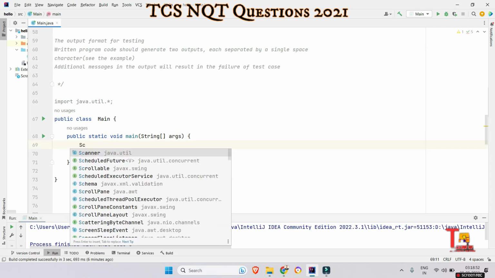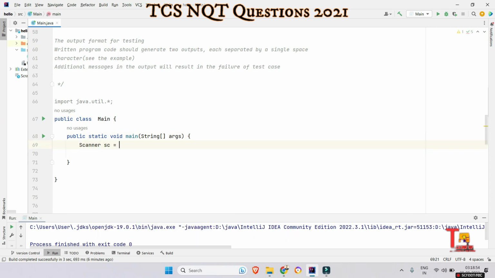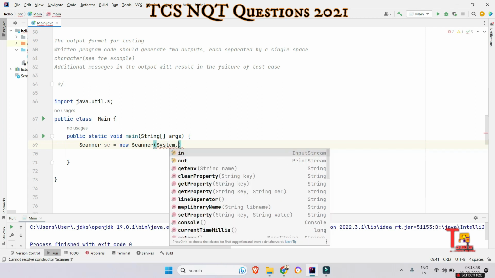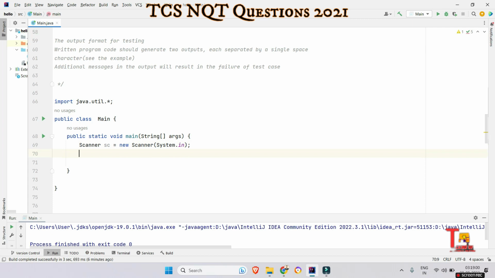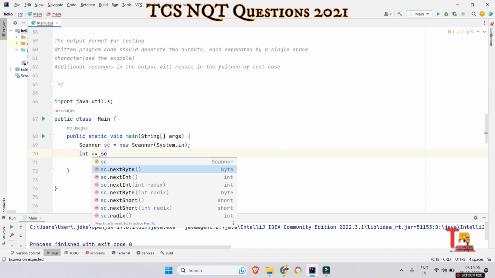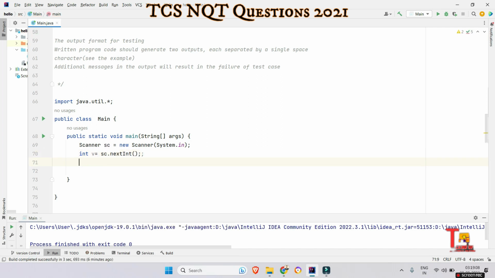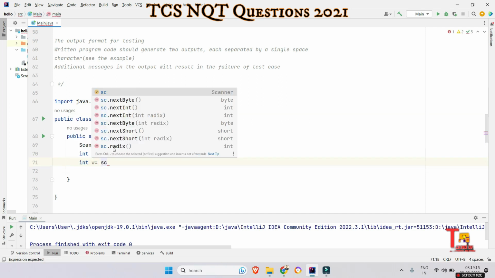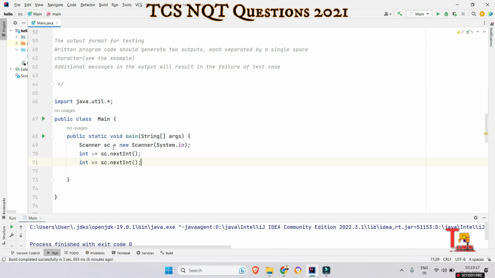Okay, let's start with Scanner sc is equal to new Scanner(System.in), right? And let's take input of total vehicle is equal to sc.nextInt(), and total wheels is equal to sc.nextInt(), right?